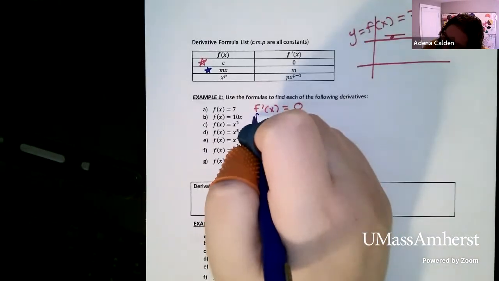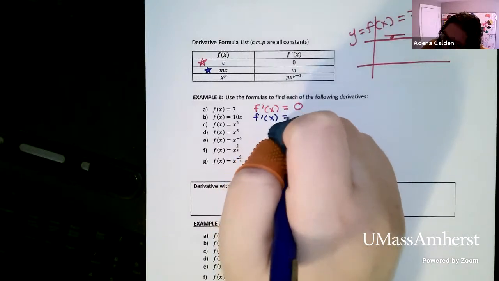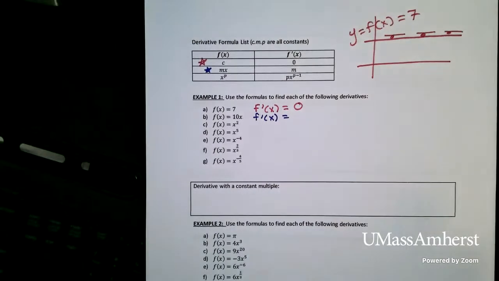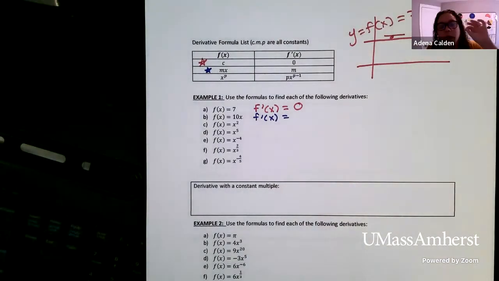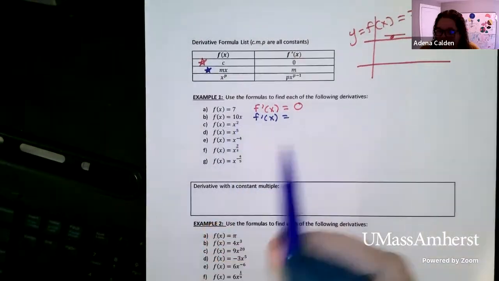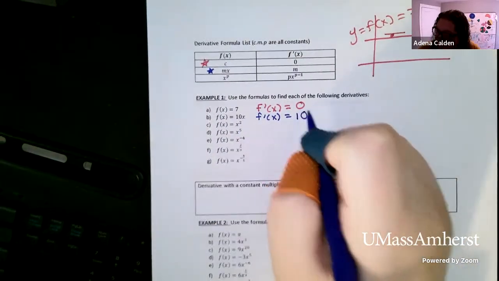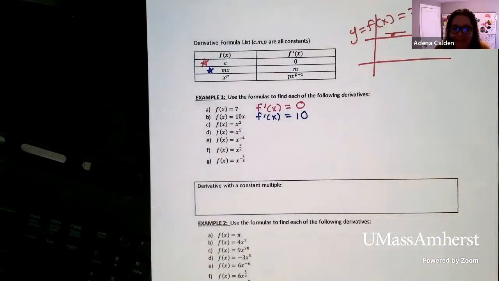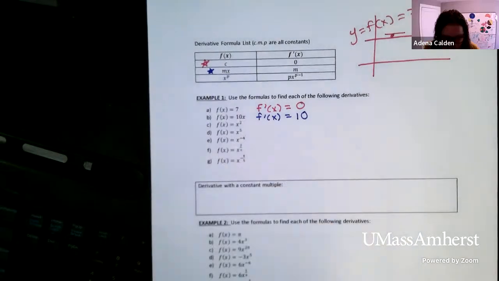So according to that formula, if you have a constant times a single x, the x has no power, well, it has a power of 1, but we'll write it. The derivative is going to be just the slope, which is the number attached to the x. So for the second one, our derivative is just going to be 10 because that is the derivative of 10x.